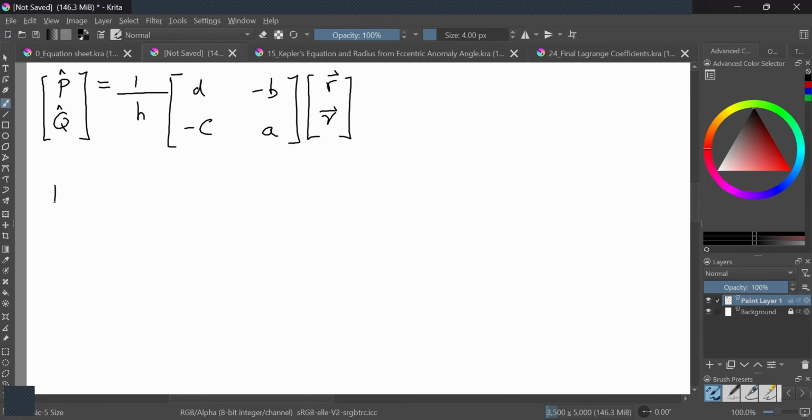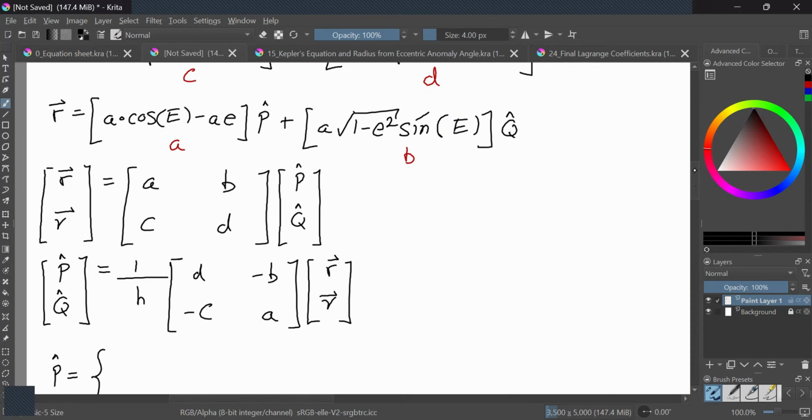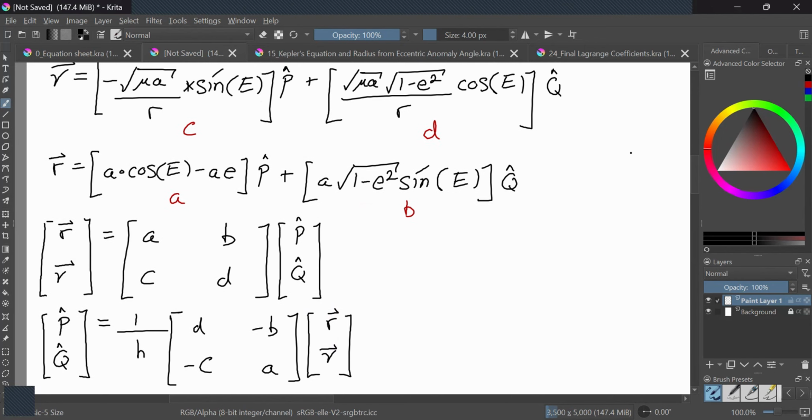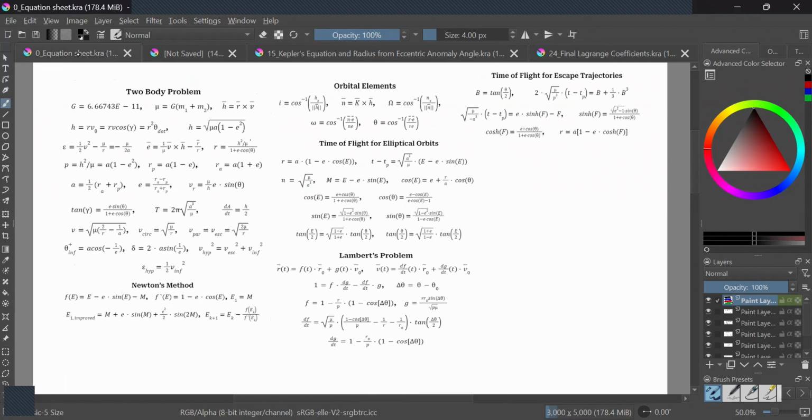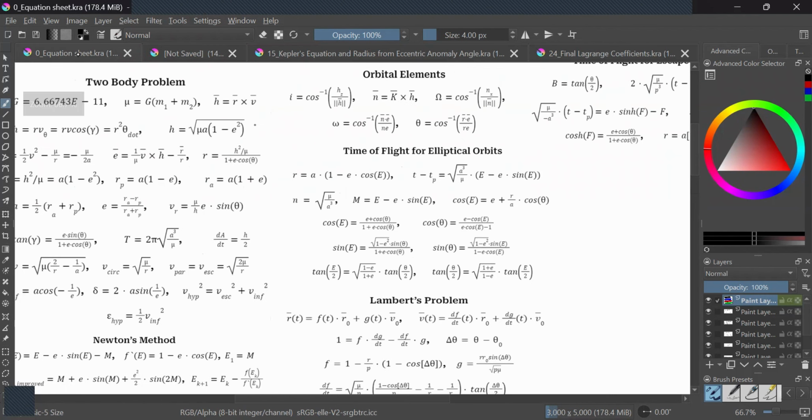Now our p hat is going to be 1 over h times d, which this whole numerator actually turns out to be h. If we look at our equation sheet, h is the square root of mu times a times the square root of 1 minus e squared.